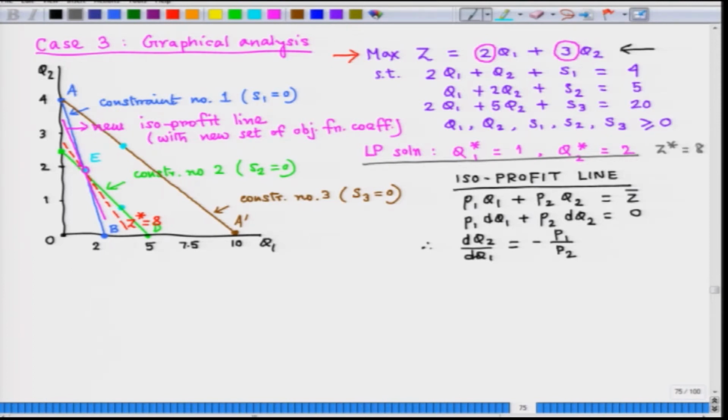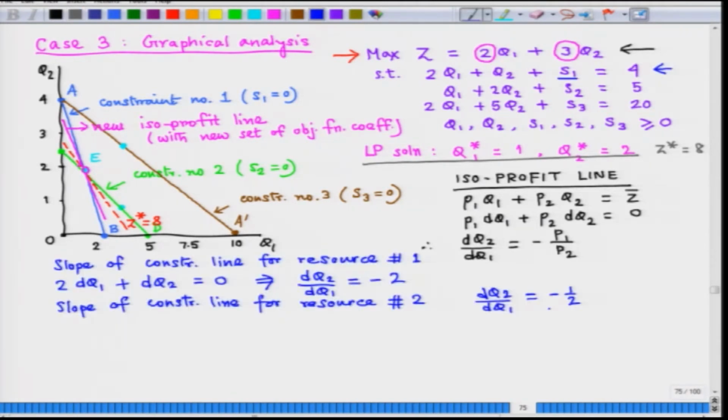But note that there is a limit to this rotation. This rotation of the original isoprofit line, which is given by the red broken line, is limited by this green constraint line and the blue constraint line. These are basically the constraint lines corresponding to input 1 and input 2, right. So, the change in slope is limited, and the upper limit and the lower limit of this range is dictated by the slope of these two binding constraint lines.